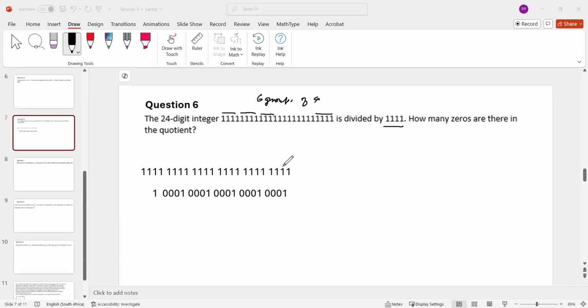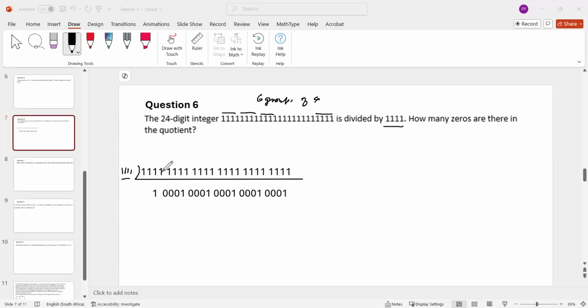I've separated the 24 into 6 groups of 4, and I'm going to divide this number by 1111.